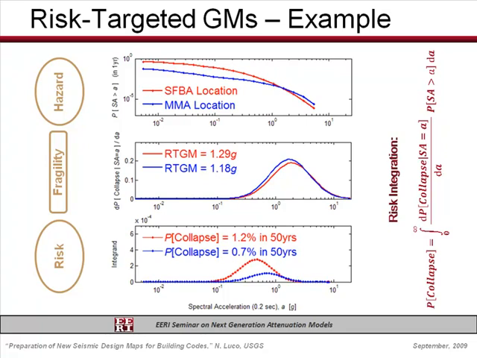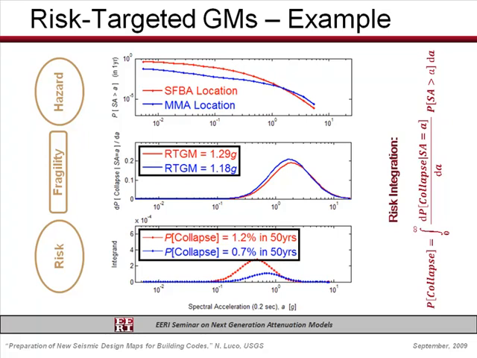And let's keep in mind here that if our risk-targeted ground motion is 1.3 and 1.2 for San Francisco and Memphis, respectively, we have these two probabilities of collapse that are not equal. And so if we want a target probability of collapse in 50 years of 1%, which is what Charlie explained is our goal, we know we need to drop the risk in San Francisco and we can raise the risk in Memphis.